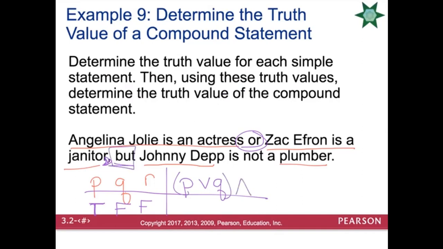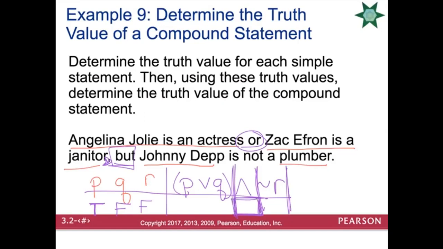Johnny Depp is not a plumber, so not R. So let's first figure out the P or Q truth value. And then we'll figure out the not R truth value. And then last, we'll figure out the truth value of the conjunction.